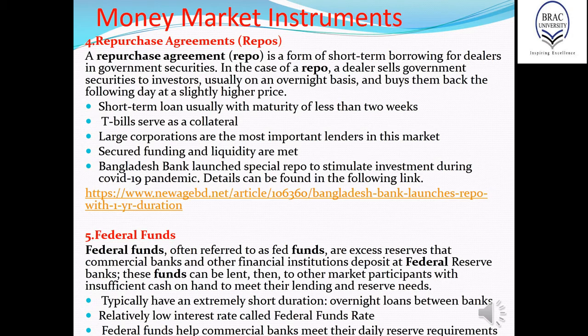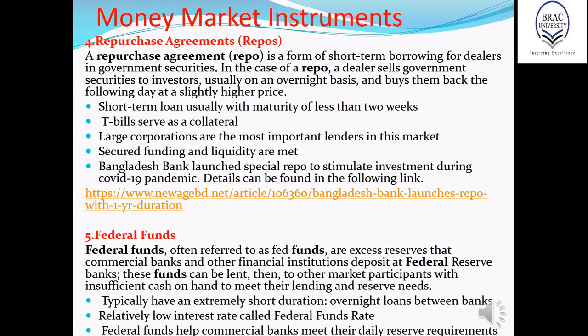Why? Because in case Unilever fails to buy back those securities, the buyer or the investors in that case still have those T-bills which they can then sell out to others. Large organizations are the most important lenders in this market because they hold an enormous amount of repurchase agreements, because they automatically hold a lot of government securities to secure themselves from the coming cash needs.